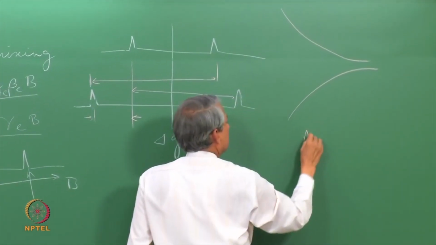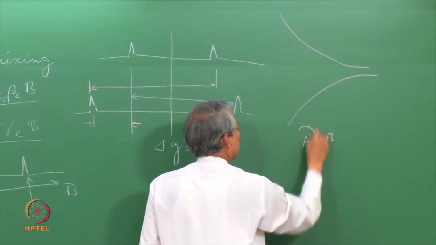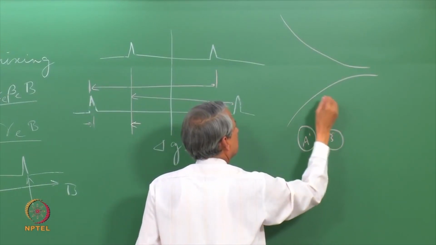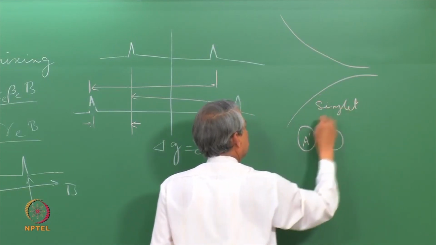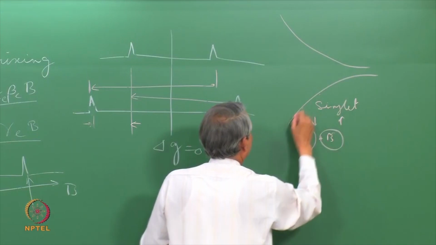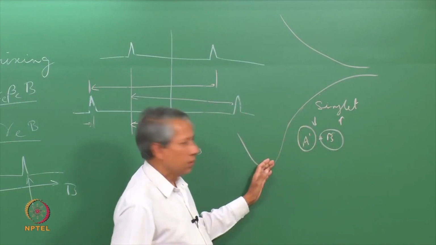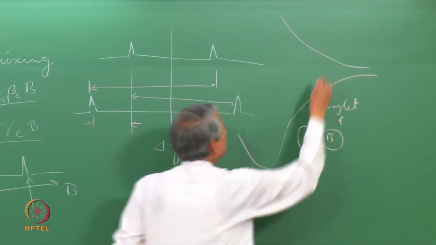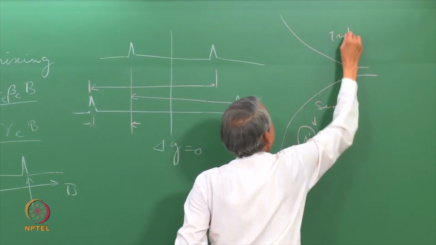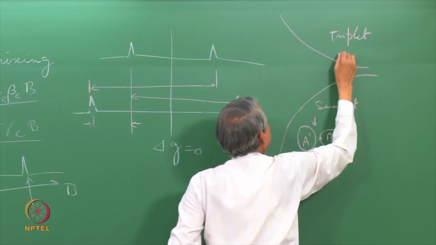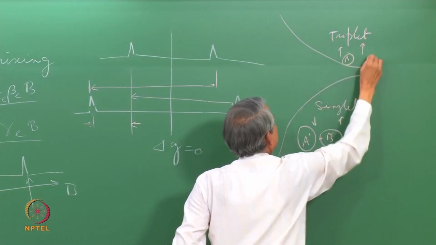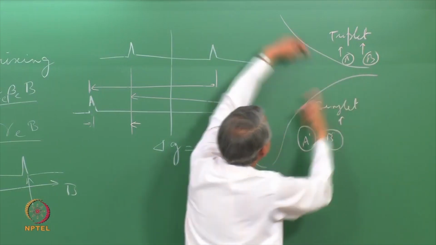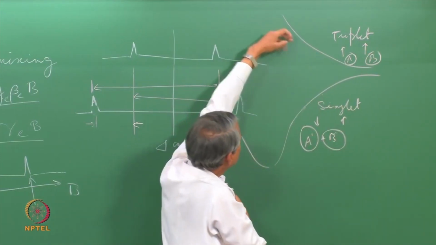When the two radicals A and B come together with singlet nature, that is opposite spin, they form a bond. If they are triplet, that is parallel spin, they will not form a bond because it is energetically not possible.